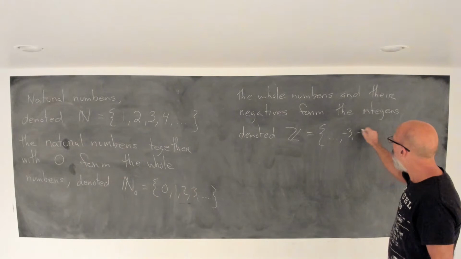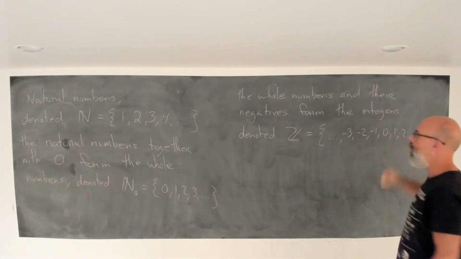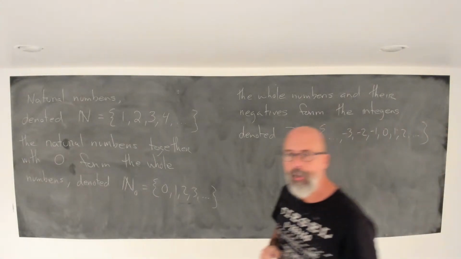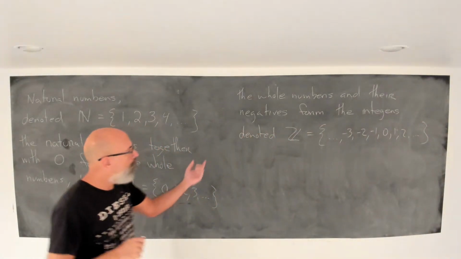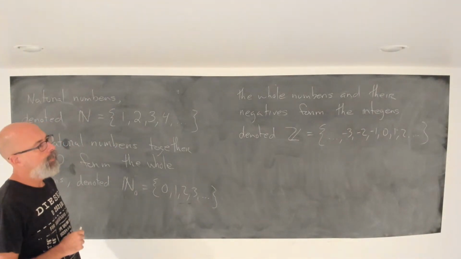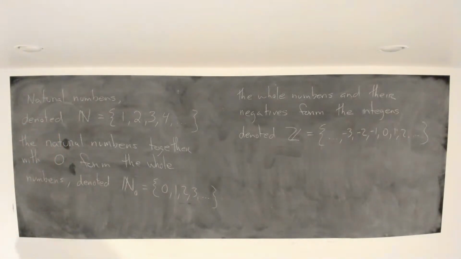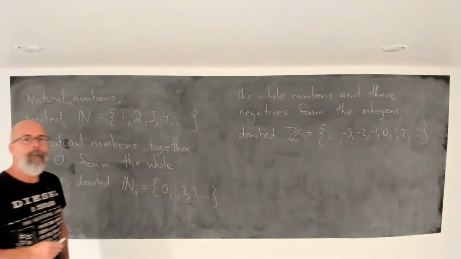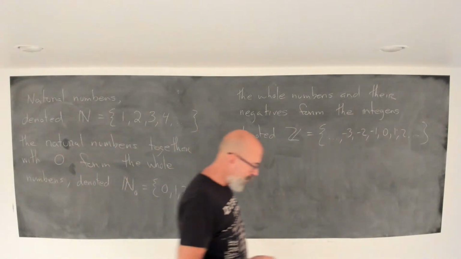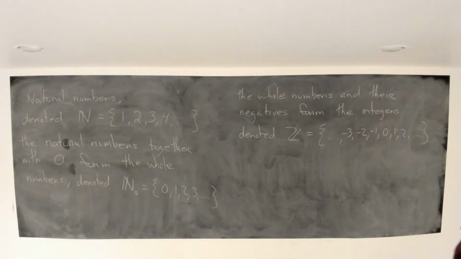So -3, -2, -1, 0, 1, 2, and so on. These form the integers denoted by Z. And I mean, you know that there are a lot of other sets, a lot of other collections, but for now, this will suffice to get us started.